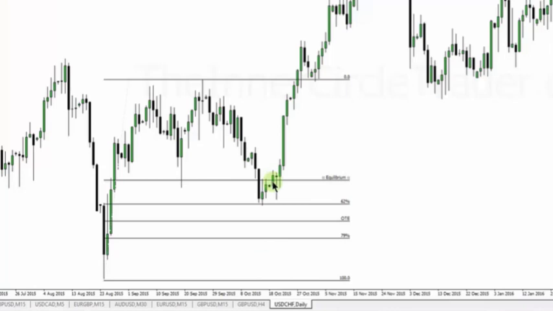Now, the wonderful thing about understanding this is that when a market's at a discount and its underlying basis is bullish, discount prices don't stay in the market very long. The market's going to want to run away from that really quick. Because this is a daily chart, this isn't that bad in terms of how much time it's spent below equilibrium.